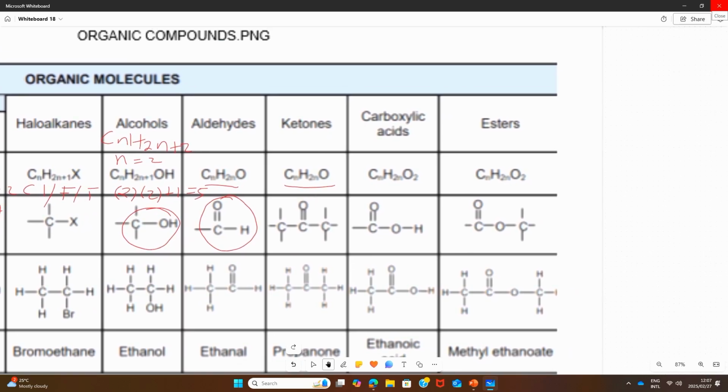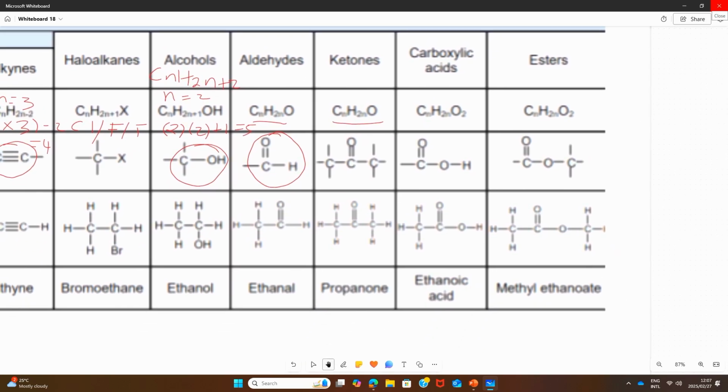That is, it's not on the first carbon. However, it is on a carbon which is non-terminal. What do we mean when we're talking about a non-terminal carbon? I did say in the introductory stage here that we are going to be getting structures that will have up to a maximum of 8 carbon atoms. So there will be carbons that will be in the middle of the structure, just like this one.